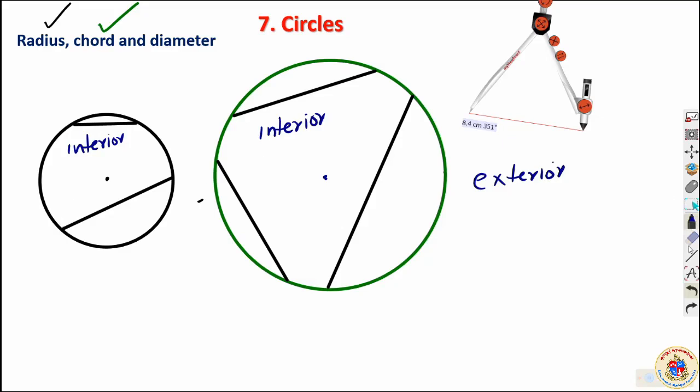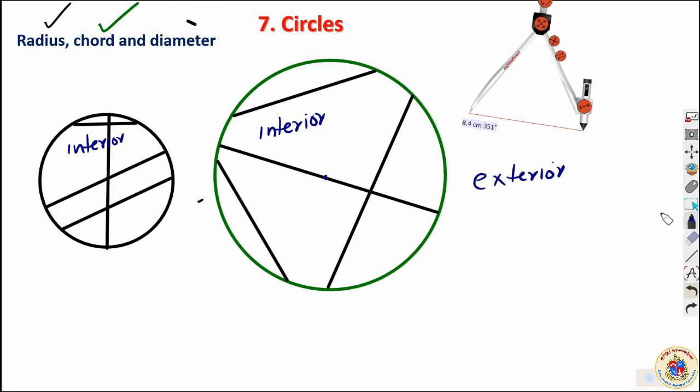Then if I draw a chord like this, passing through the center, how many can I draw? I can draw as many as I wish. Passing through the center, passing through the center. That chord is named as diameter.